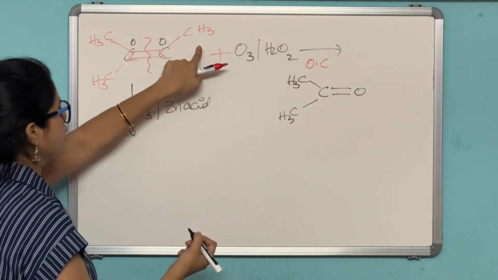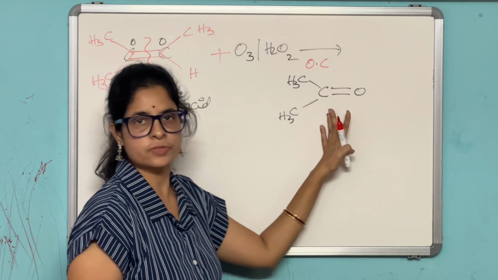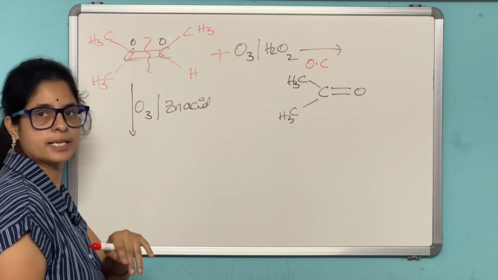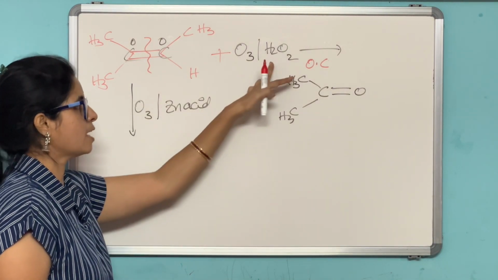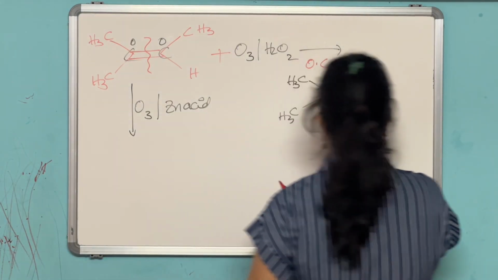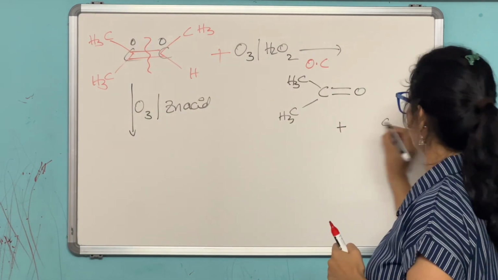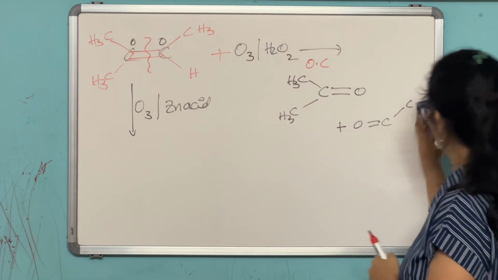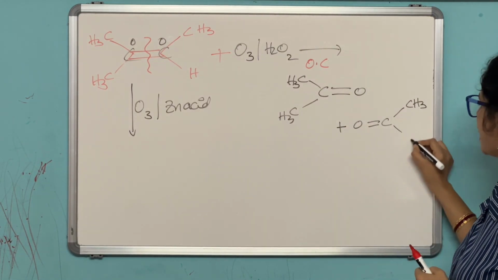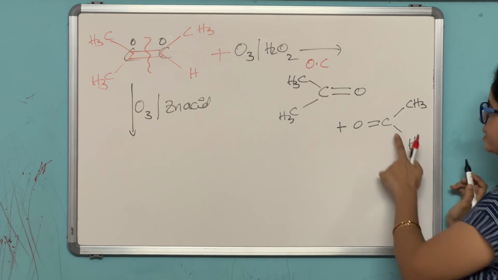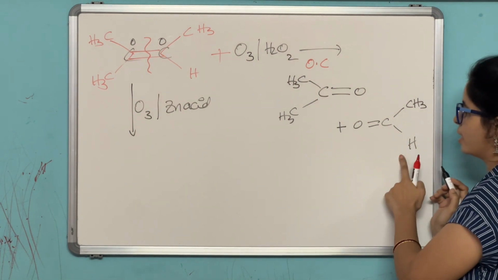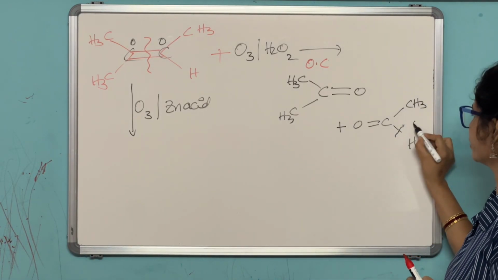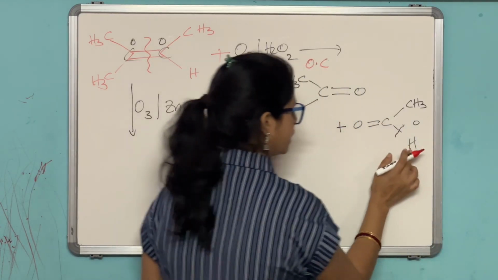Next, what will be the product? Here it is a ketone. If a ketone is formed, there is no change. But if an aldehyde is formed, that will be further oxidized to acid because it is an oxidative cleavage. So here you will get C double bond O, CH3 and H. It is an aldehyde, C double bond O H. You just break this carbon hydrogen bond and introduce oxygen between carbon and oxygen.